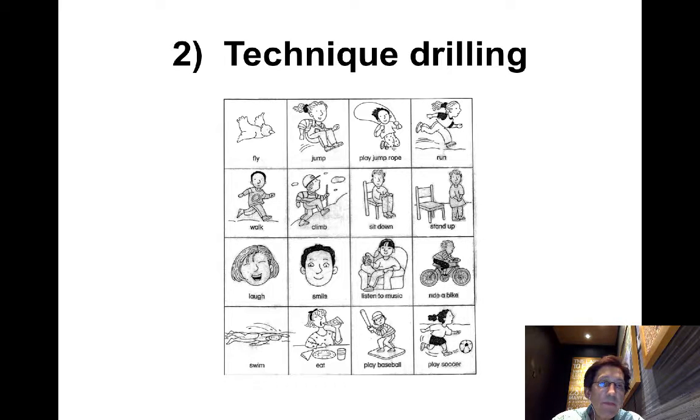Go ahead. 1. The bird flies. Perfect. 2. Feeling. Is the bird happy, sad, angry? The bird is happy. Perfect. 3. By association, why does this picture exist? Why is this bird flying?